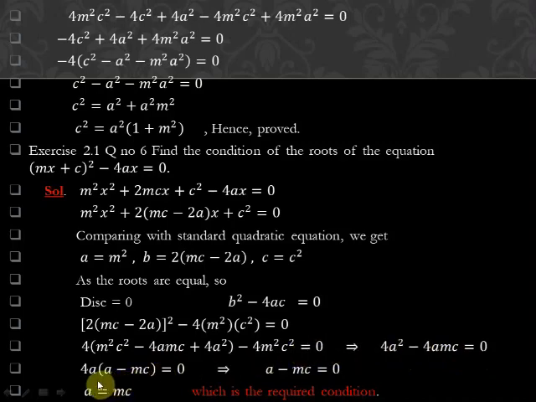We take 4a as common: 4a(a − mc) = 0. As 4a is dividing on the other side, it becomes 0. So we will get a − mc = 0, and clearly from this statement we will get a = mc, which is the required condition.